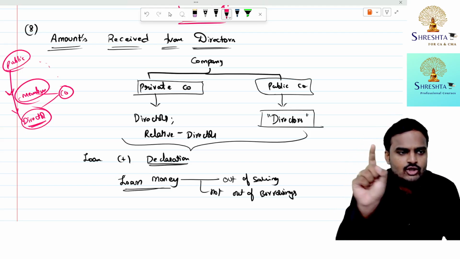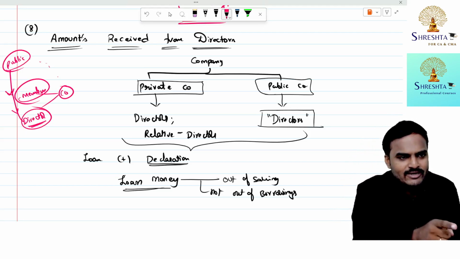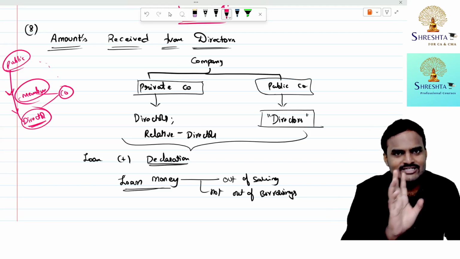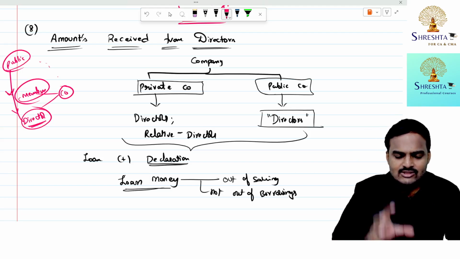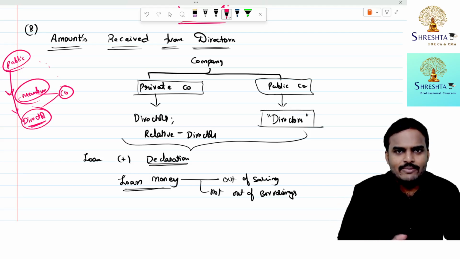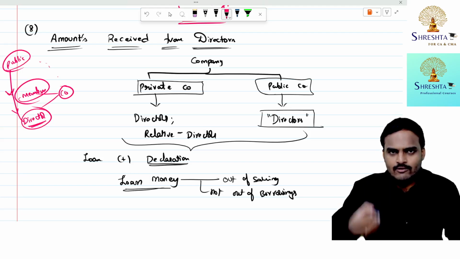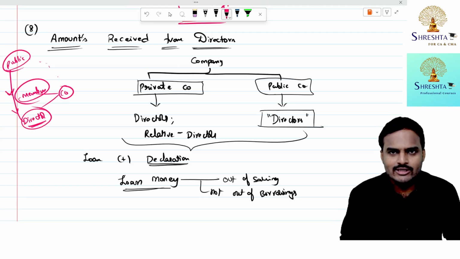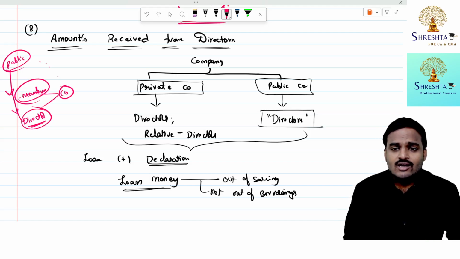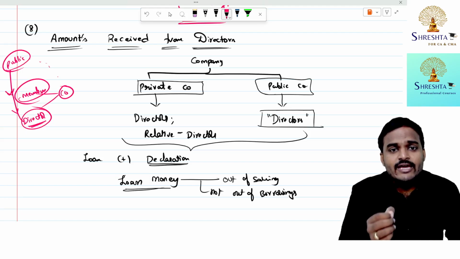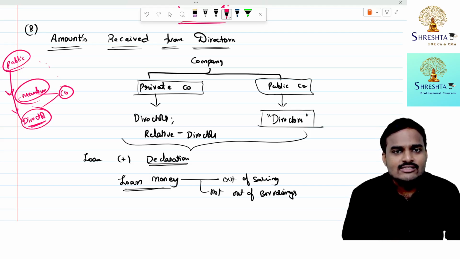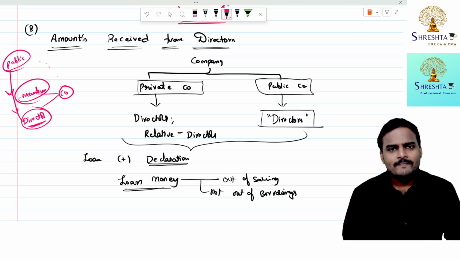That's the reason, director, you are giving a loan to the company, right? Come on, give me the declaration. The declaration is that whatever money we are lending to the company is out of savings, out of net worth, not out of borrowings. You may ask me, sir, if the director gives a fake declaration, what will be the consequence? Fraud. In case of fraud, Section 447 will come.